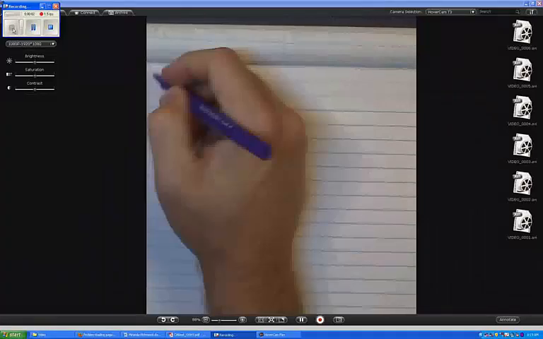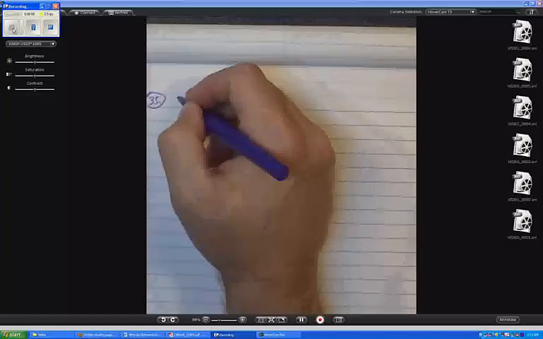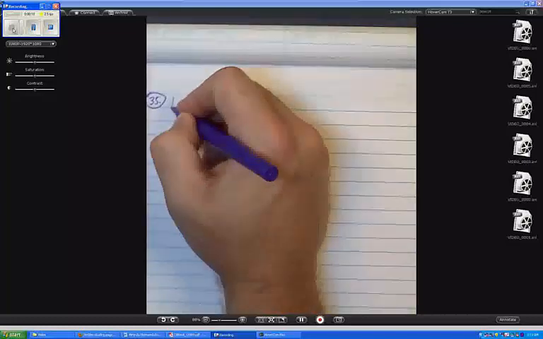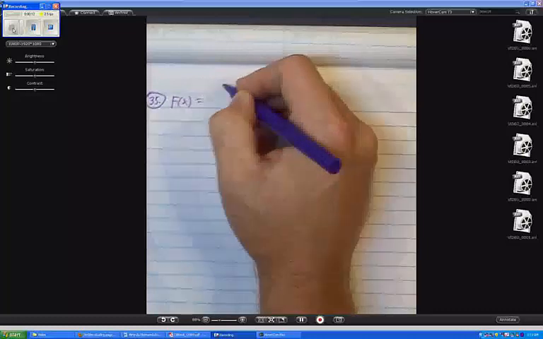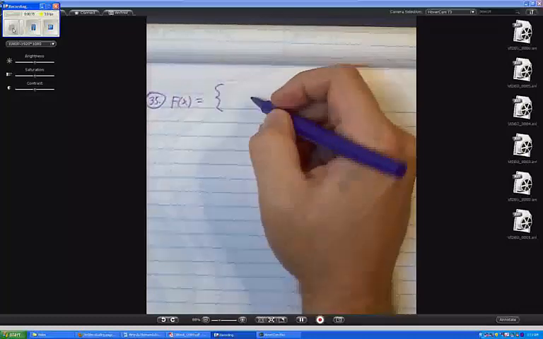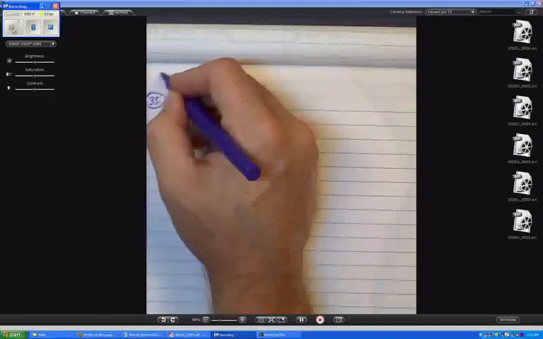Example here of a piecewise defined function. So when we have this function, f of x equals, and we're looking at section 1.4.